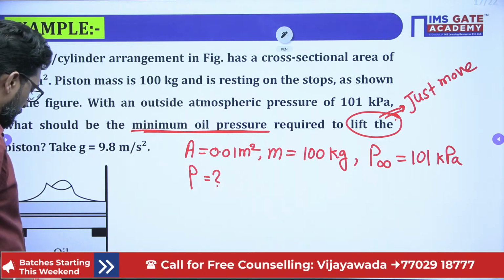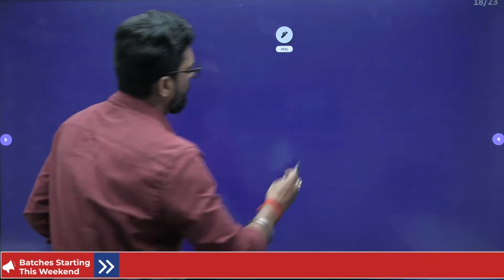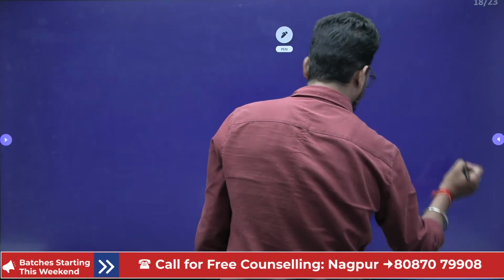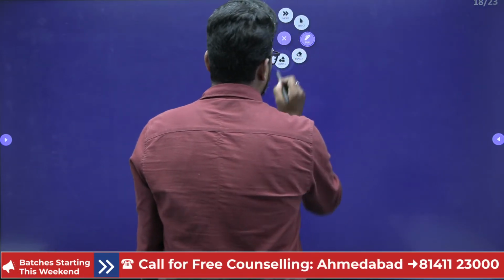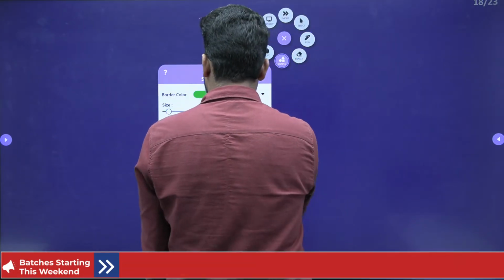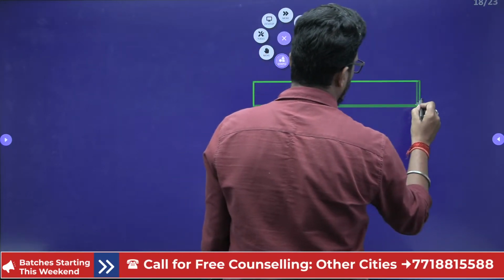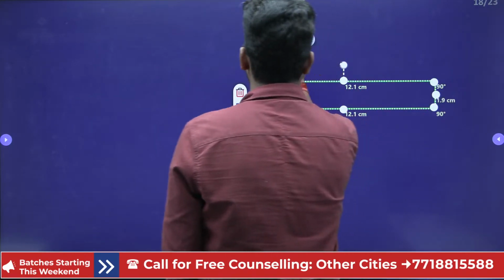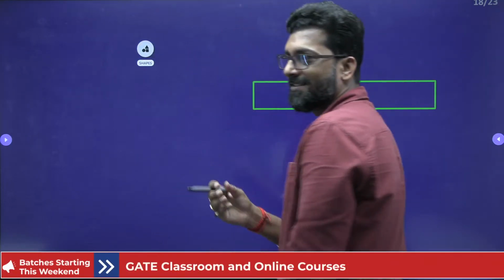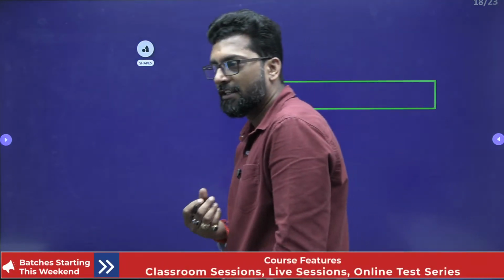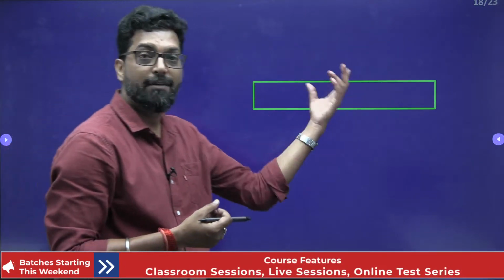So we have to do a force balance. What is that? This is our piston. You take the free body diagram. See, we already told that if you want the pressure to be minimum, that means an equilibrium pressure.